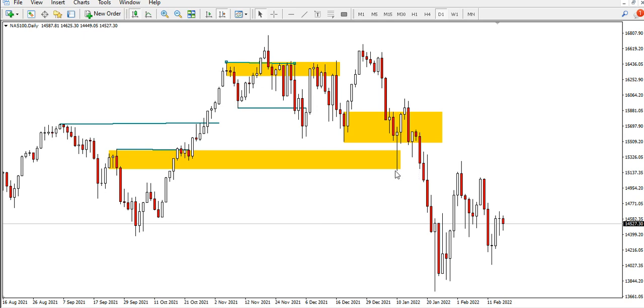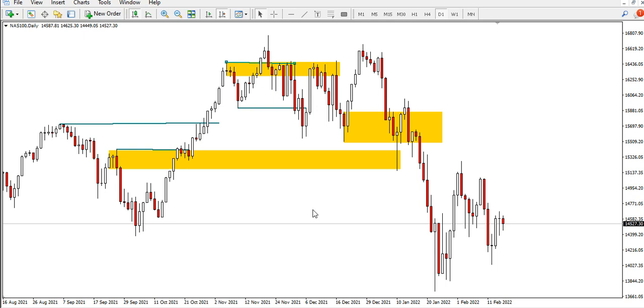However, now we have this break of market structure here. So always note that if the internal high is violated, we now go to the macro structure, and then we check the low of that macro structure, right?